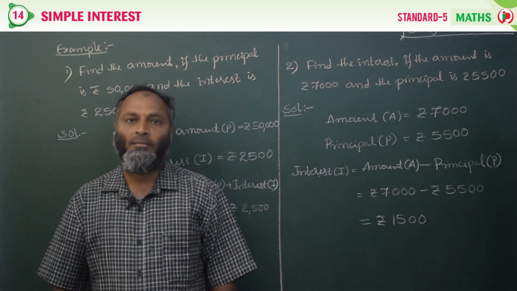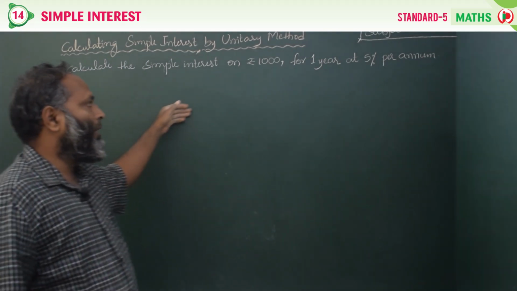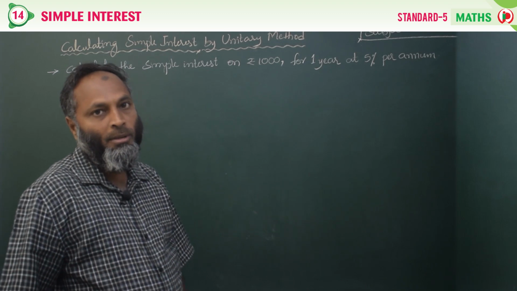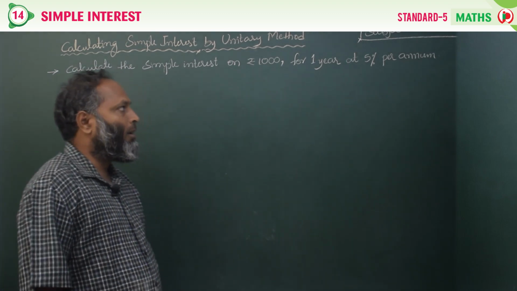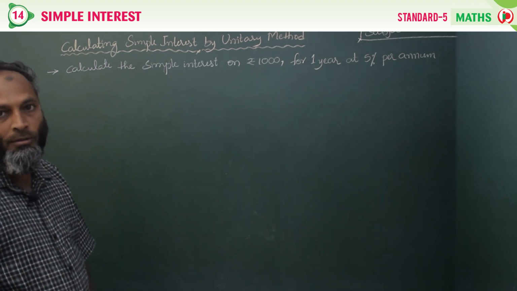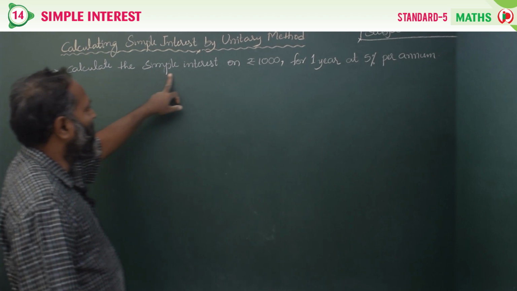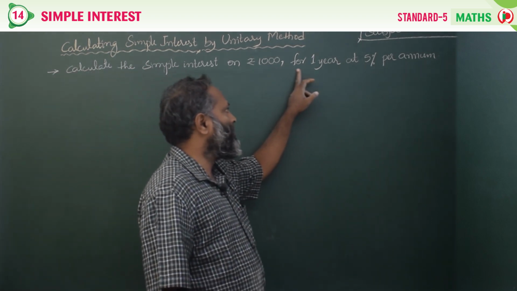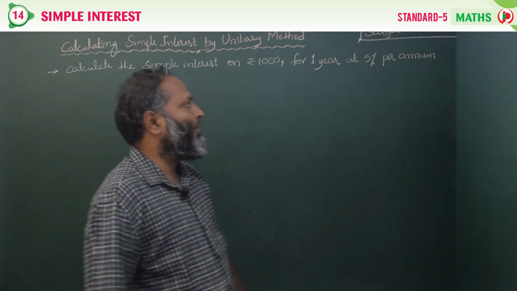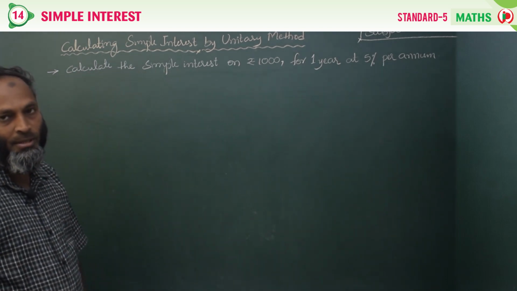Okay. Now, students, see here: calculating simple interest by the unitary method. Calculate the simple interest on 1,000 rupees for 1 year at a rate of 5% per annum. 5% rate of interest is given.